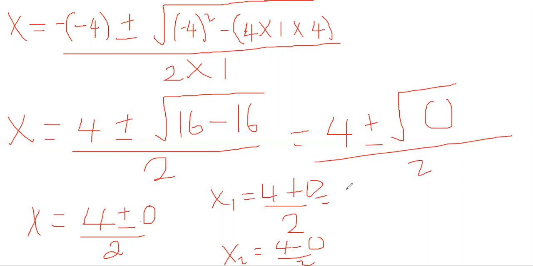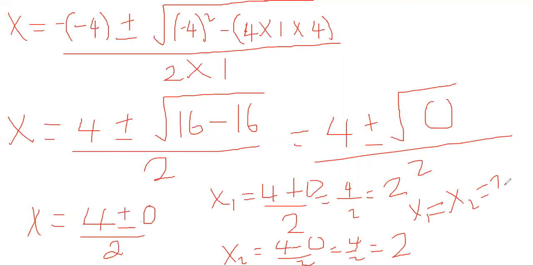So this will be 4 over 2, and this one also will be 4 over 2. So here will be 2, and here will be 2. In this case, our x1 and x2 are the same, equals to 2. So the solution to this is x equals to 2. This is what we mean by solving a quadratic equation.